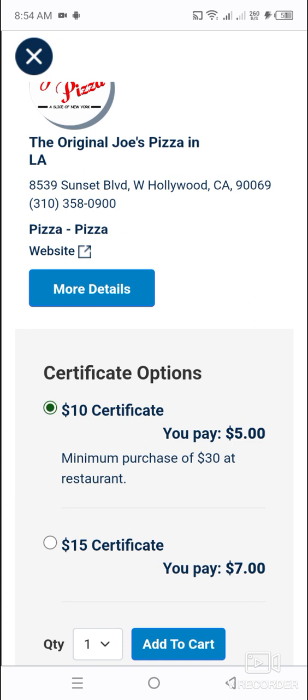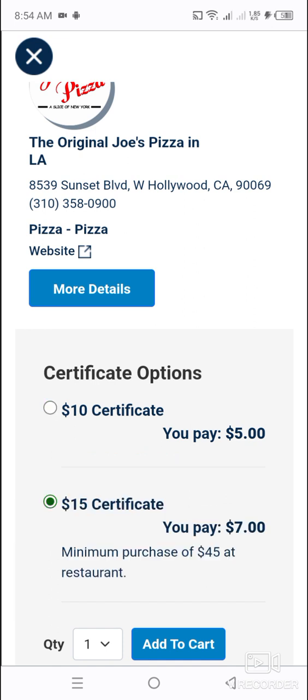They cannot use the gift certificate if their total bill only amounts to $10. So it has to be at least 3 times or more the amount of the discount or gift certificate.